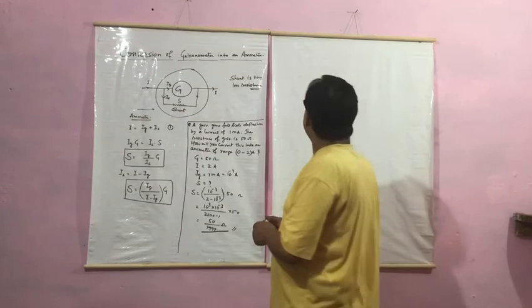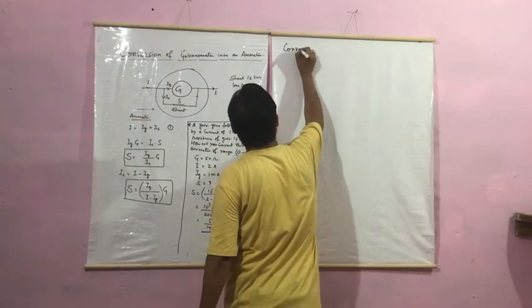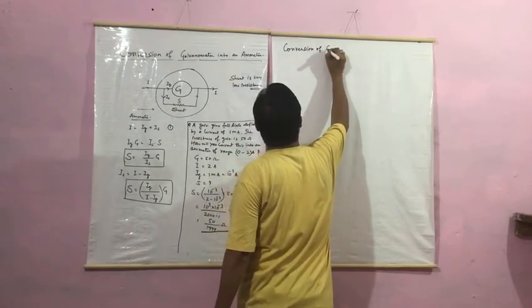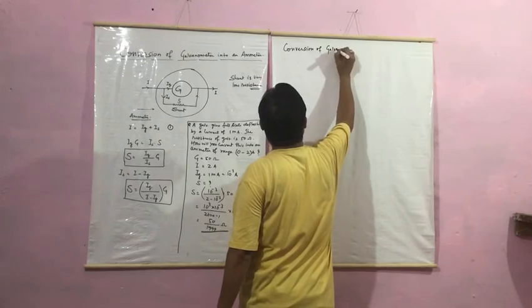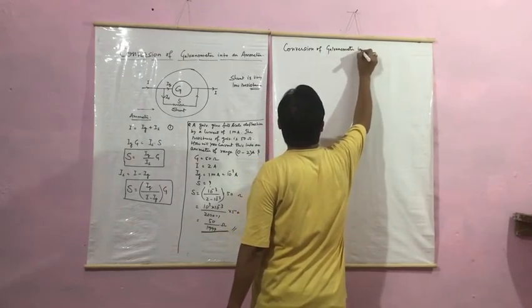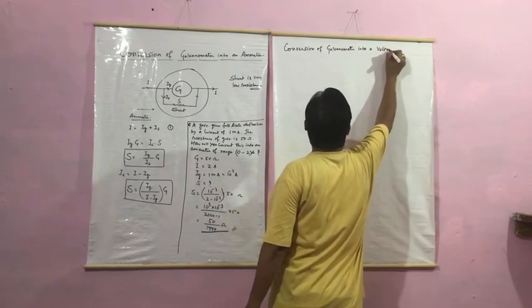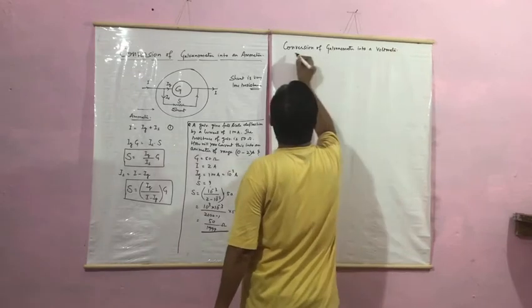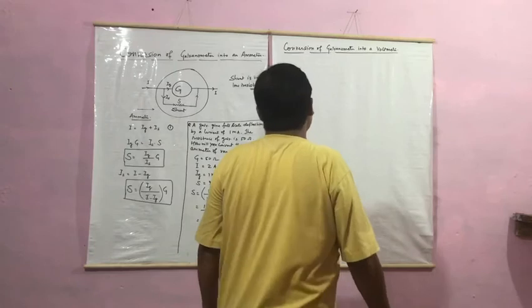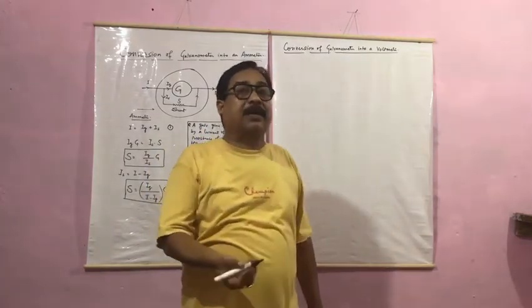Now come to conversion of galvanometer into a voltmeter. So you know voltmeter is a device which is used to measure potential difference.